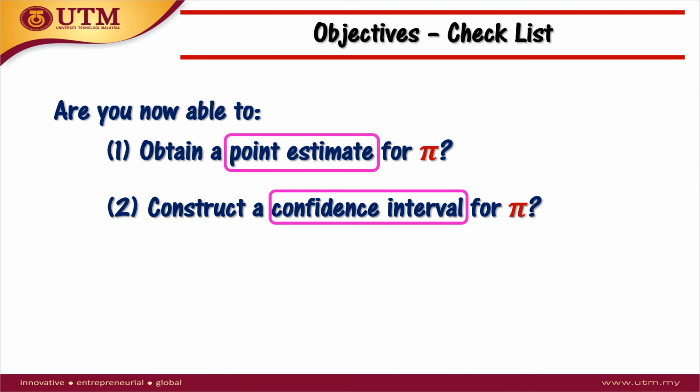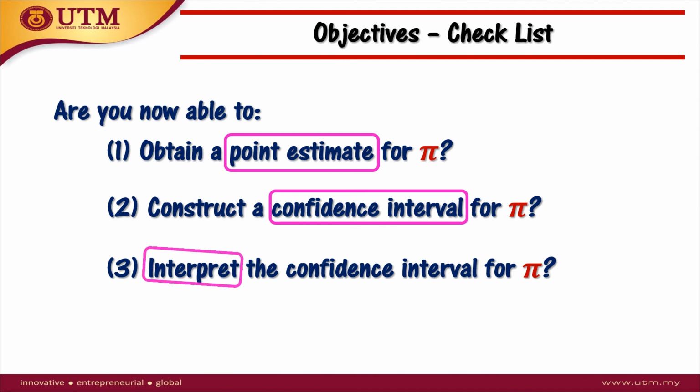If you are still not sure, I suggest that you repeat watching this video again to grasp the fundamental concept on the confidence interval for the population proportion. Finally, are you now able to interpret the confidence interval? I really hope that you will achieve all these 3 learning objectives on the topic.